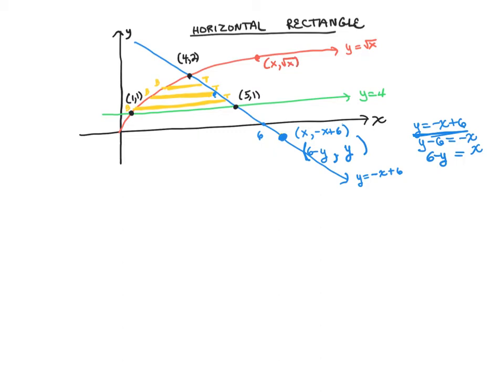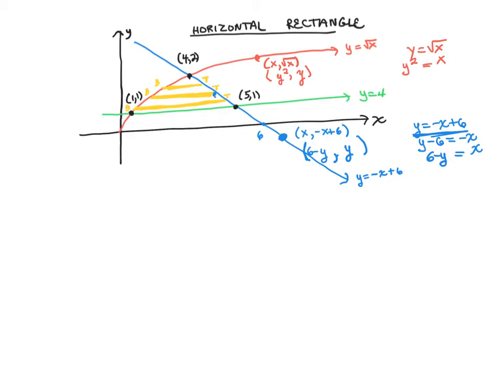But in terms of y, if we take this equation and solve for x, we get y squared. We can represent the same point as y squared comma y. So here we integrate with respect to y.